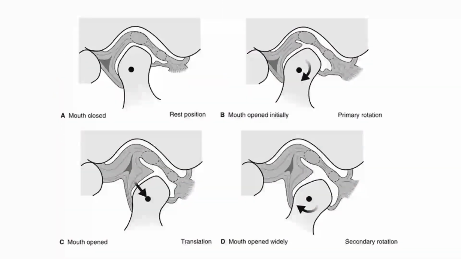So we have two movements of the TMJ. The first one is rotation, and the second one is translation. On all of these images, the nose is on this side, and the back of the head is on this side.